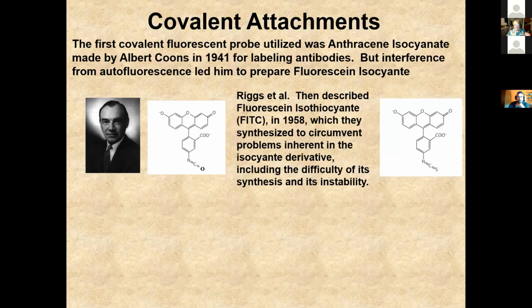Now, Riggs and colleagues in 1958 described fluorescein isothiocyanate, where you see the sulfur group replacing the oxygen, because it was easier to synthesize and it had much more stability than the isocyanate. So FITC since then has become probably the most utilized probe in history.